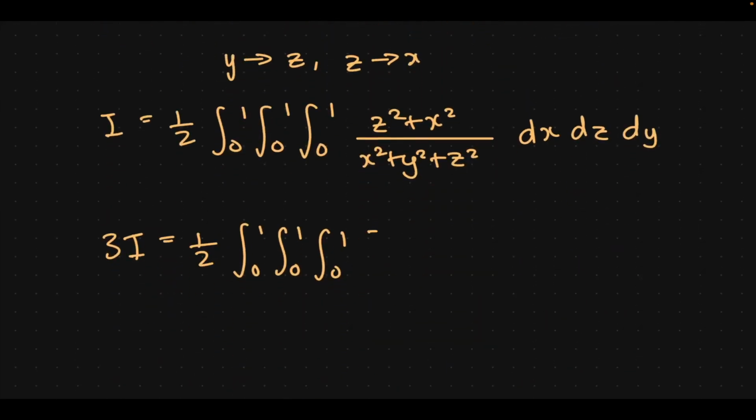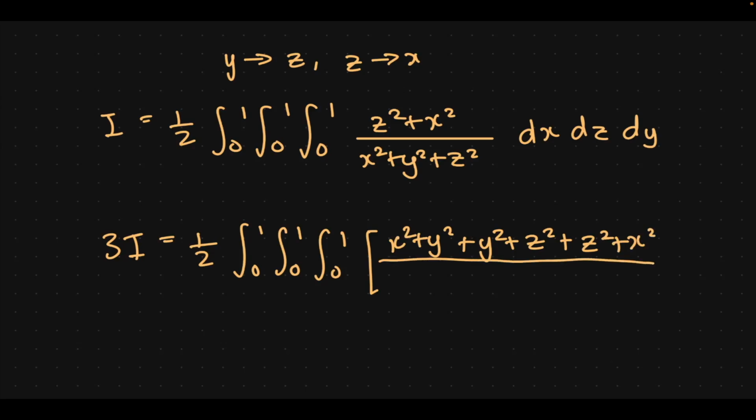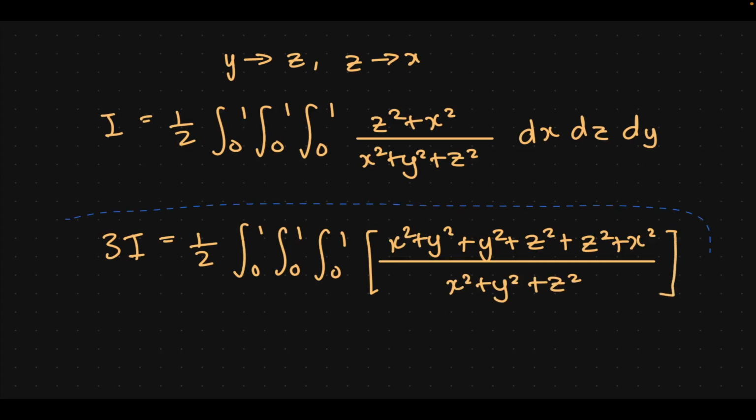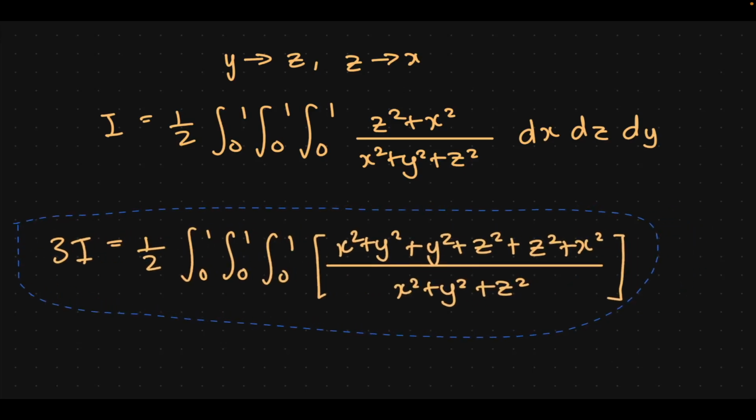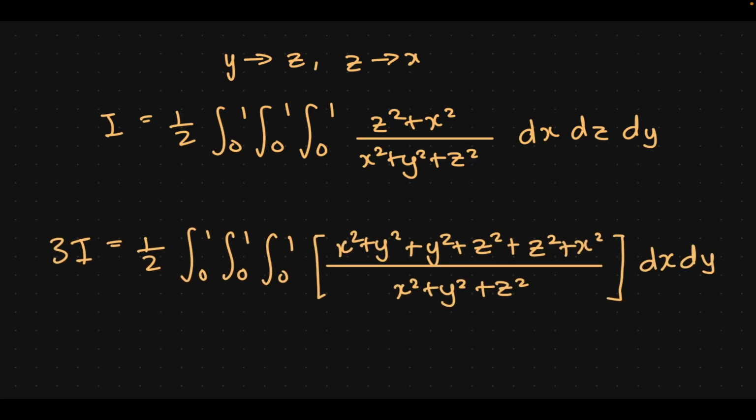That gives us x squared plus y squared plus z squared plus z squared plus x squared. All of that divided by that invariant denominator x squared plus y squared plus z squared. And the differential elements dx, dy, dz, which we can interchange in ordering.